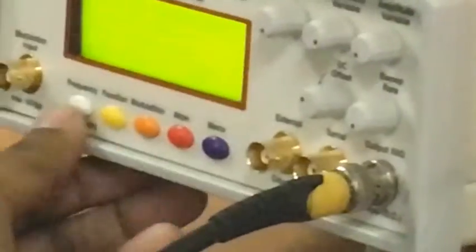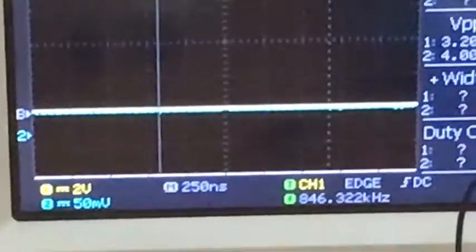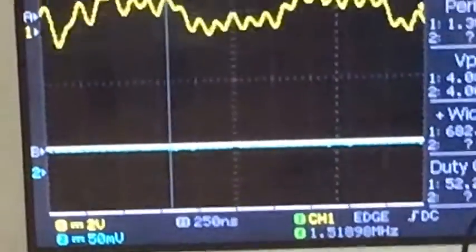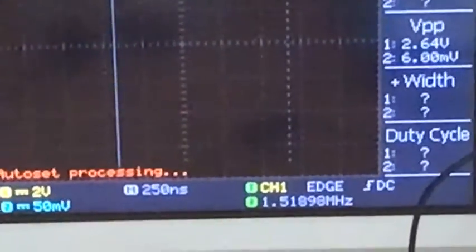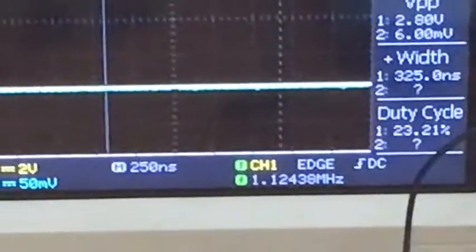Here also it is 2. I am moving to the megahertz range. Just keep on rising.